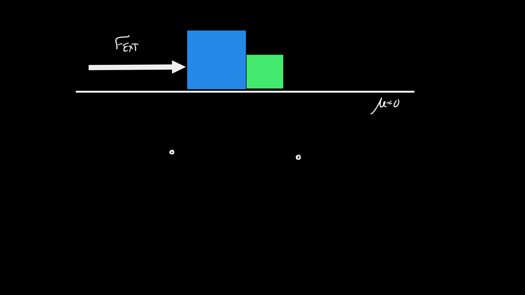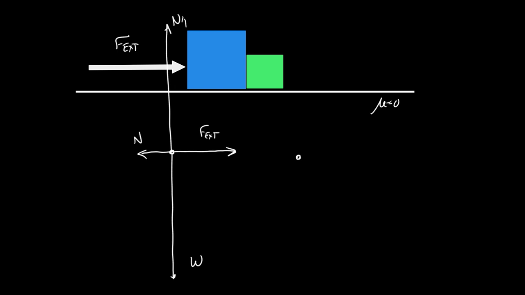The force is acting on the blue box. Pretty easy to draw. External force to the side. What else? Two normal forces, so a normal force from the ground and the weight. And there's another normal force to the left.